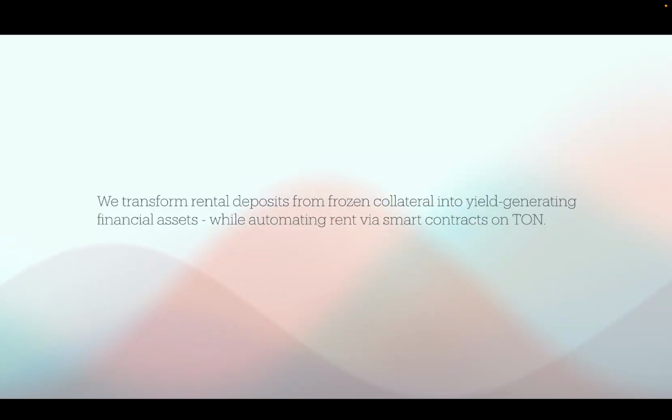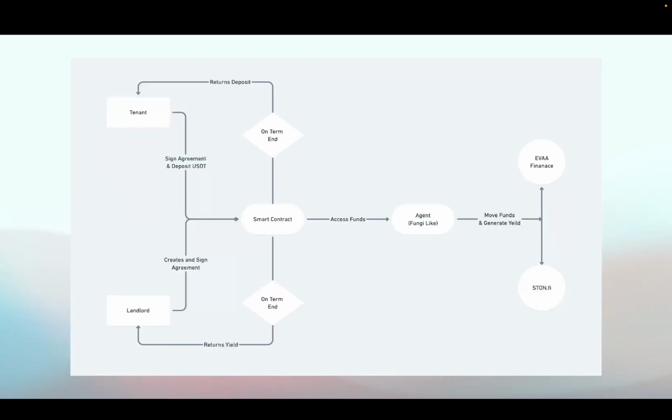We transform rental deposits from frozen collateral into yield generating financial assets while automating rent via smart contracts on Ton. So what happens here is the tenant and the landlord sign an agreement, and the amount is deposited by the tenant in USDT, which goes to the autonomous agents, which do the yield farming of the amount that goes to the landlord.